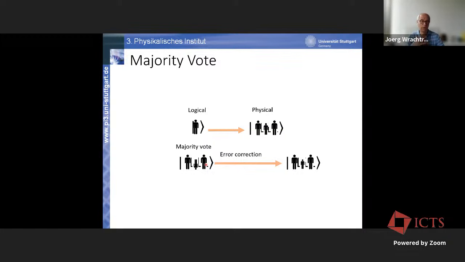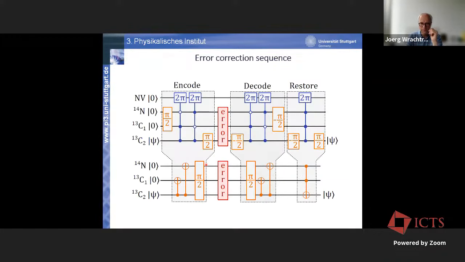Of course, if we would have 2 of your physical qubits undergoing spin flip, then you would have an error. And the number of qubits which can undergo an error before your logical encoding fails is called depth of the error correction algorithm. So here the depth is 1.